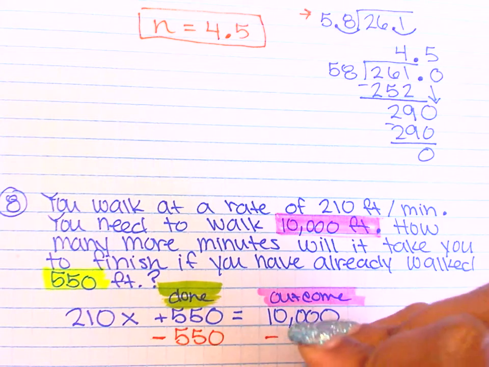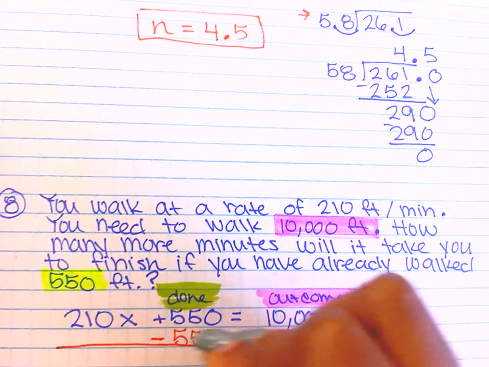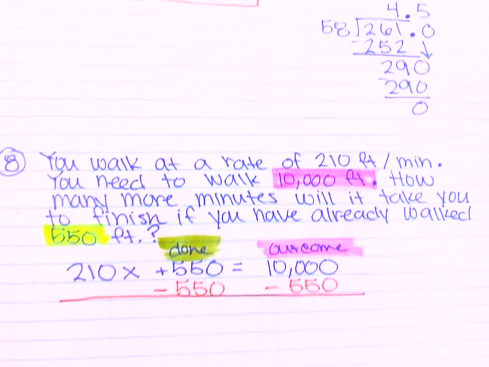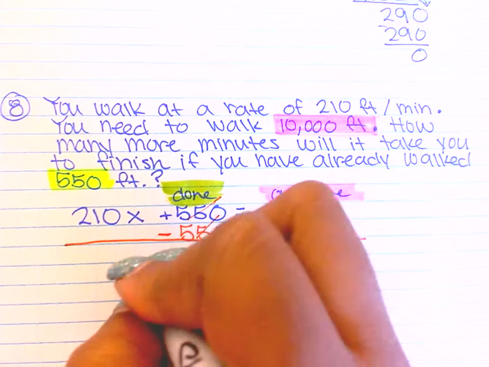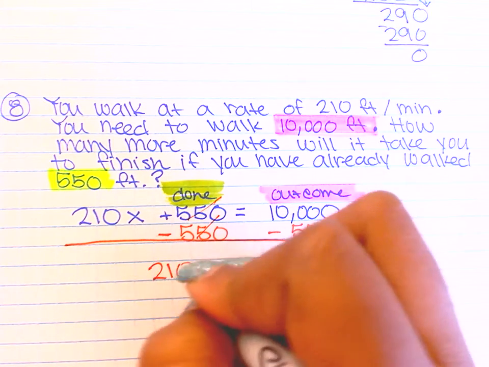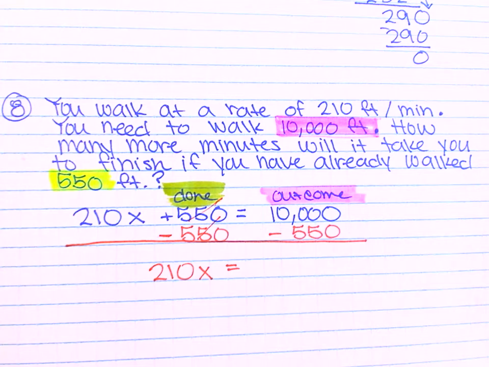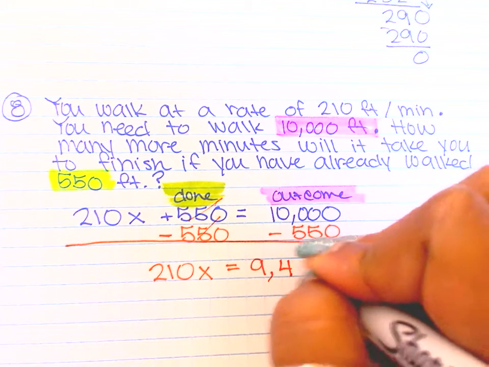Subtract 550 from both sides, and draw my line. My 550s cancel. I am left with 210x. I'm subtracting that 550 because I've already gone 550 feet. So 10,000 minus 550 is 9,450.